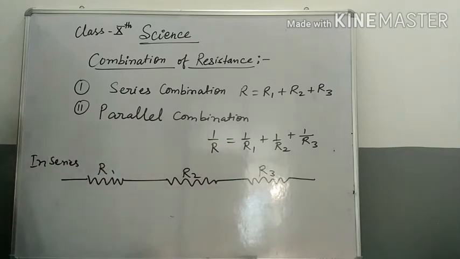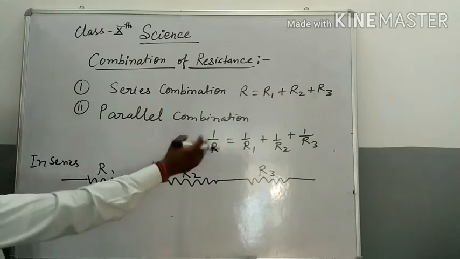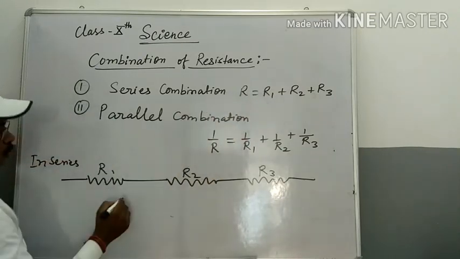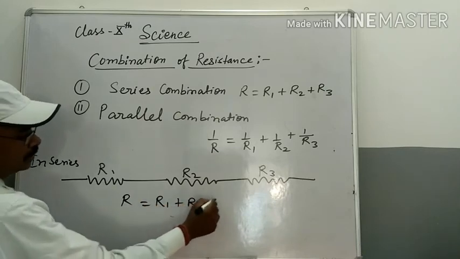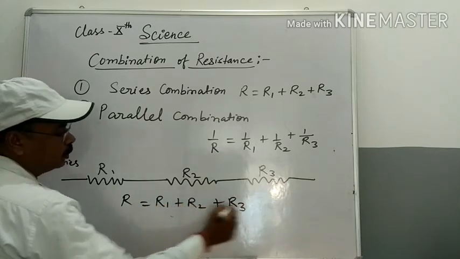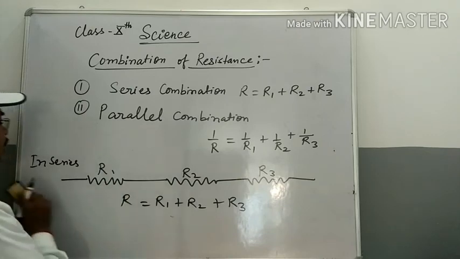And third, the total resistance of the combination is equal to the sum of the individual resistances. It means R equals the sum of the individual resistances, R1 plus R2 plus R3 plus R4 and so on.